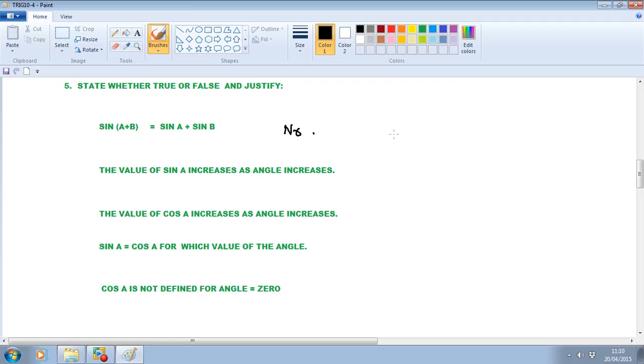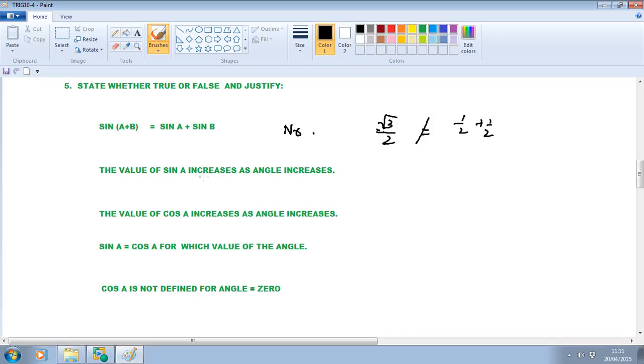What is sin 30? If you put A as 30 and B as 30, sin (A plus B) is sin 60, which is root 3 by 2. And sin A plus sin B is sin 30, half plus half. So these two, root 3 by 2 and 1, are not equal. So it's not agreeing.